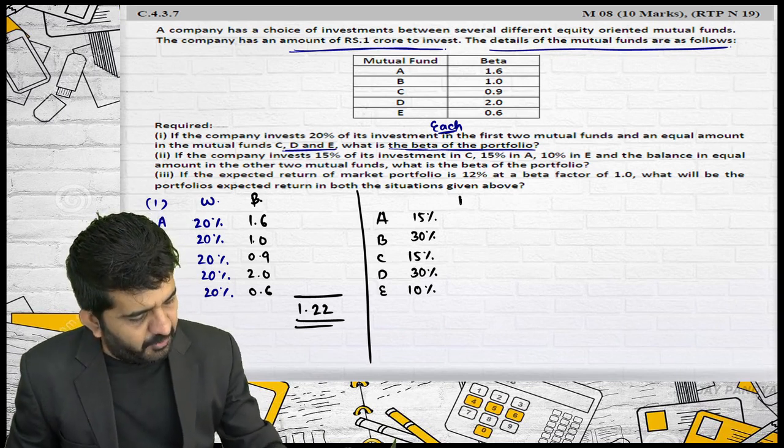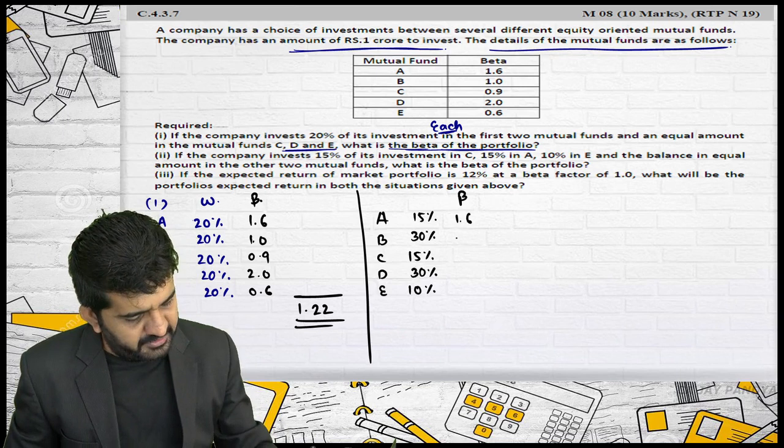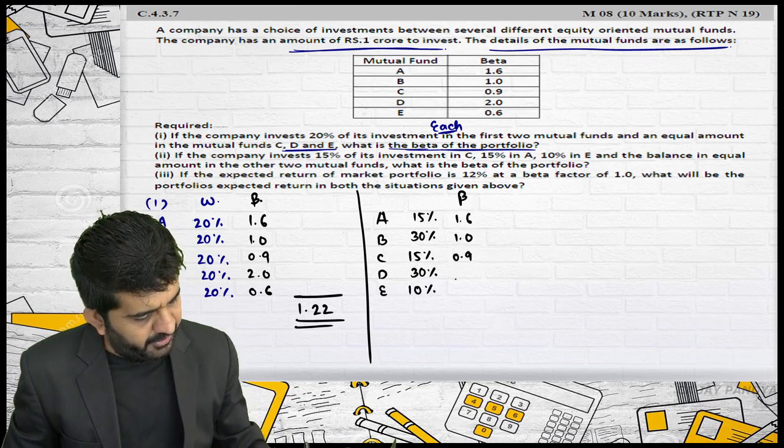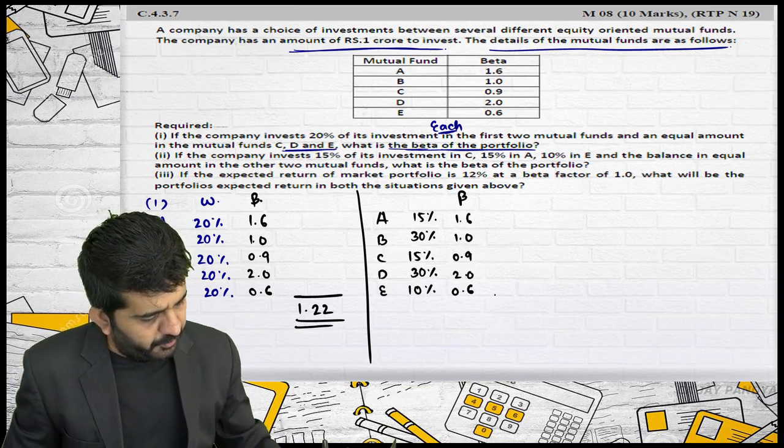What is beta of the portfolio? The betas are 1.6, 1.0, 0.9, 2.0, 0.6.